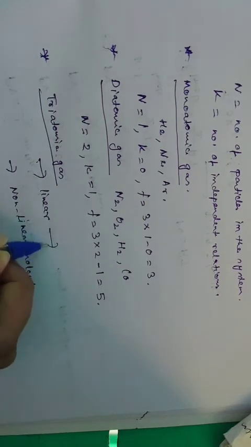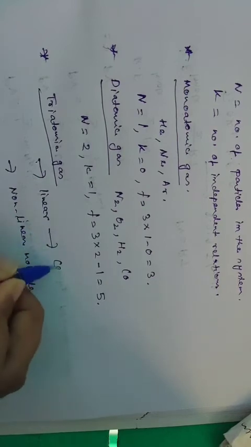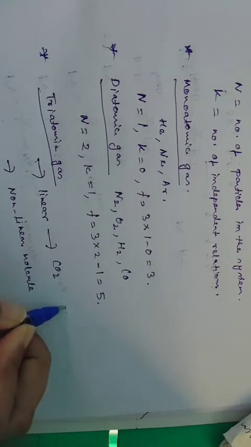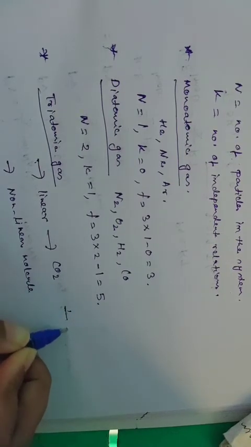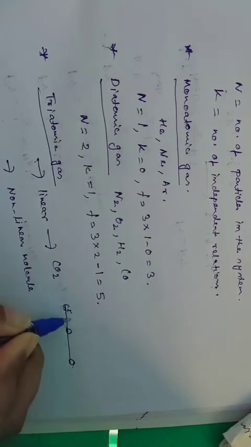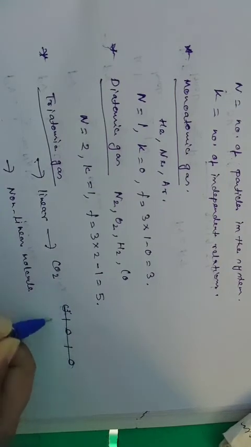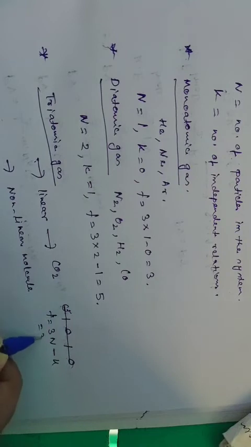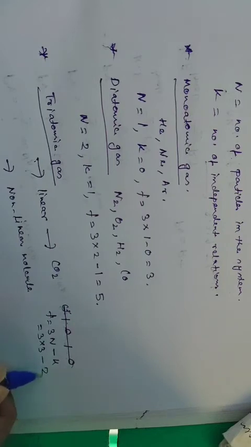So linear molecule is, for example, CO2. In CO2 the linear molecule is arranged in such a way that the number of independent relations between them is 2, so the degrees of freedom will be 3n minus k, that is 3 into 3 minus 2, so the degrees of freedom will be 7.